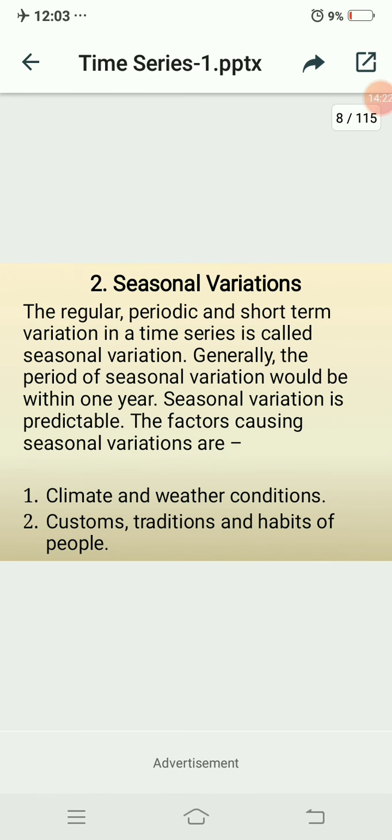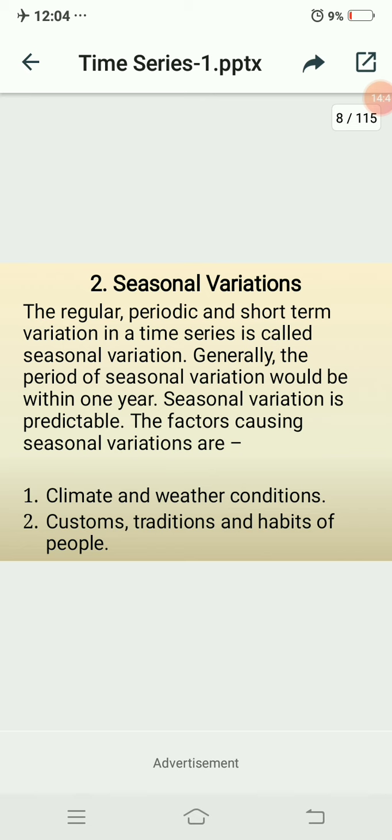It is also a very important component in our time series, because here we have to consider season-wise product rates, and it helps many businessmen. The regular, periodic and short-term variations in a time series are called the seasonal variation.